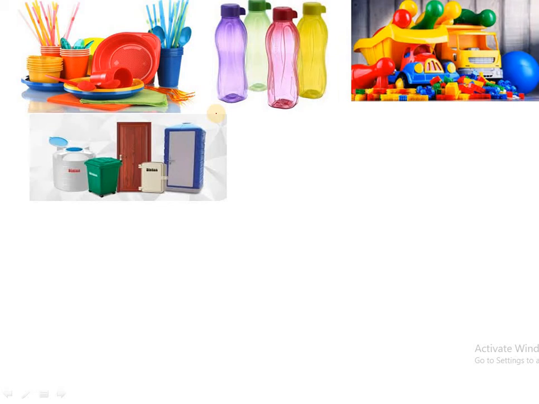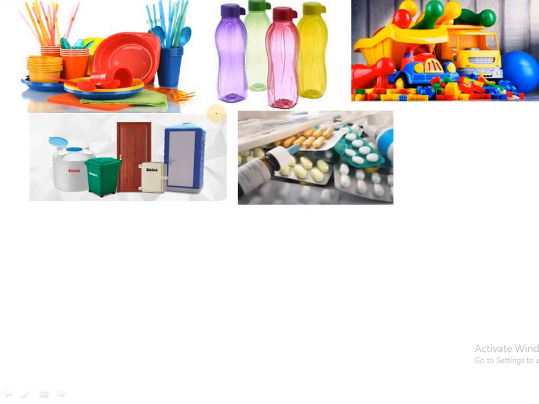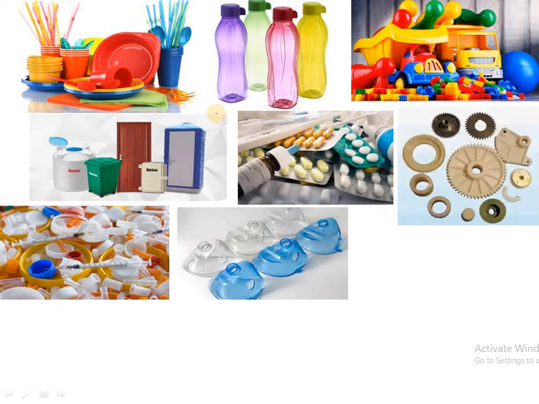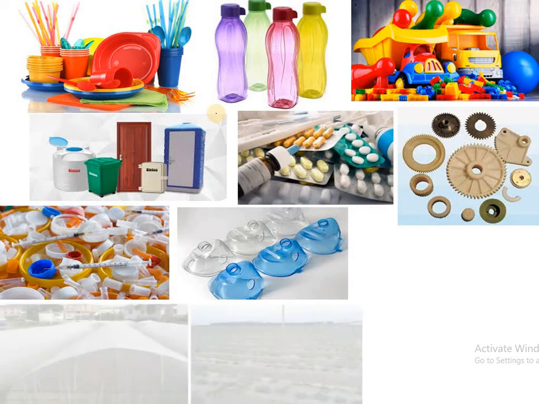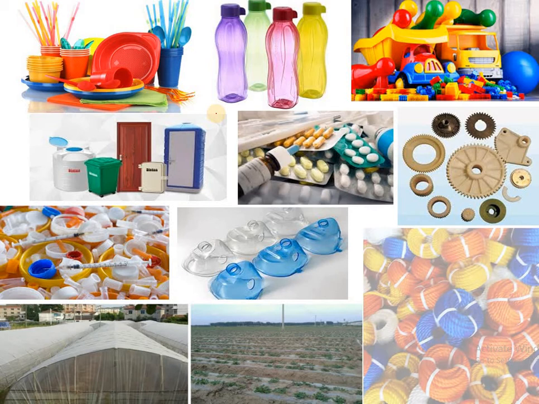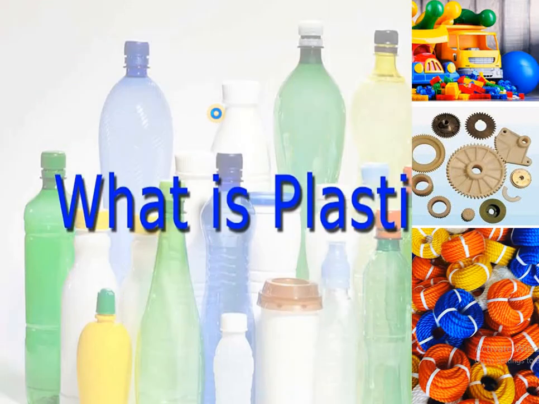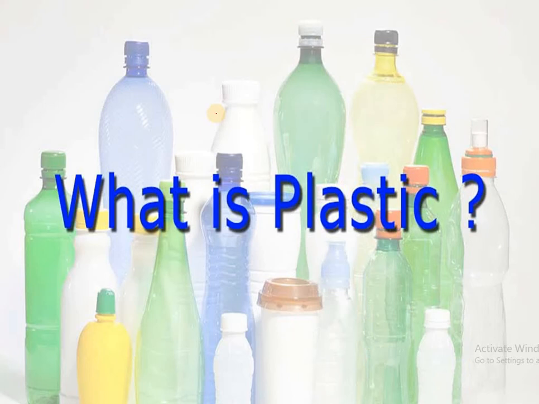All the toys are made from plastics, as well as it plays a vital role in the medical industries: capsule cover, syringe, then the mask. In the corona period, the mask played a very vital role. Then in the automobile, then in the agriculture field, etc. As we know that plastic is very important, so let's understand what is plastic.